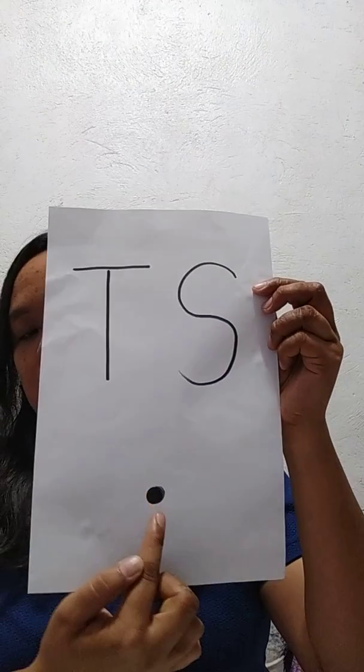So those are the three kinds of sentences. Let us review. We have telling sentence. We use a period. We have asking sentence where we use a question mark.